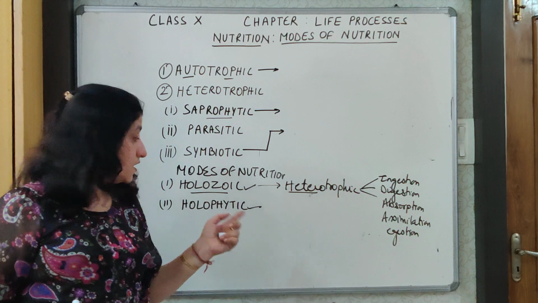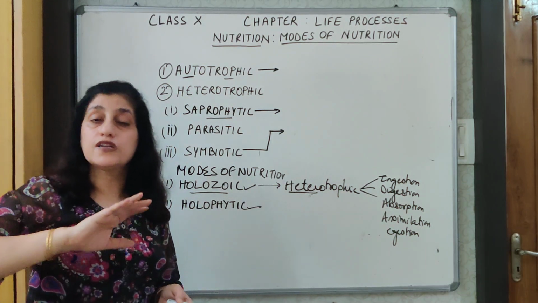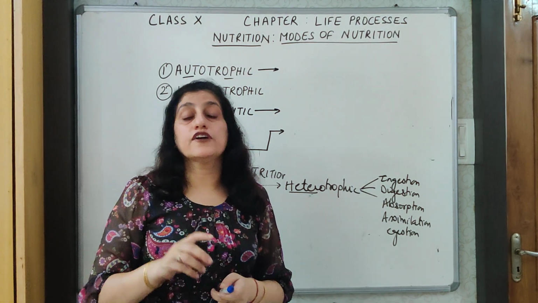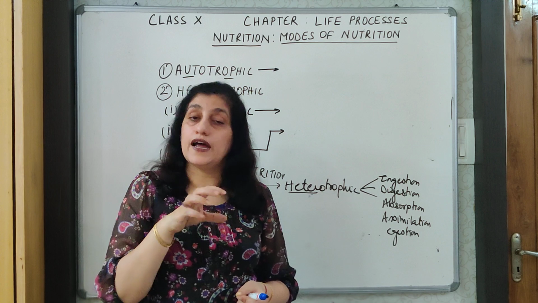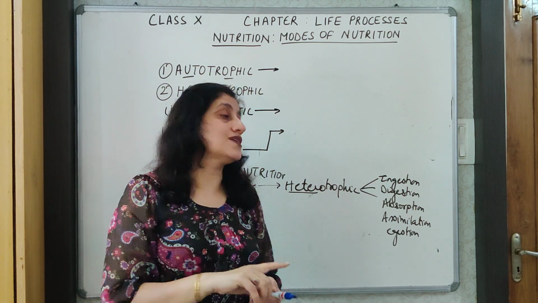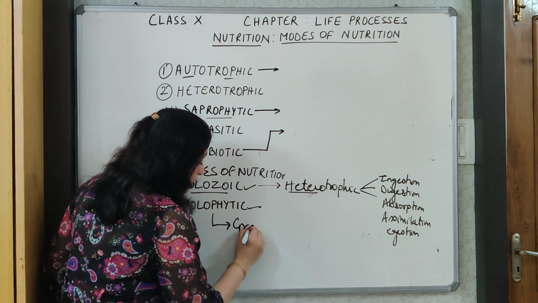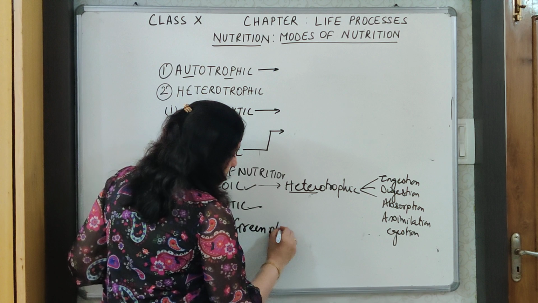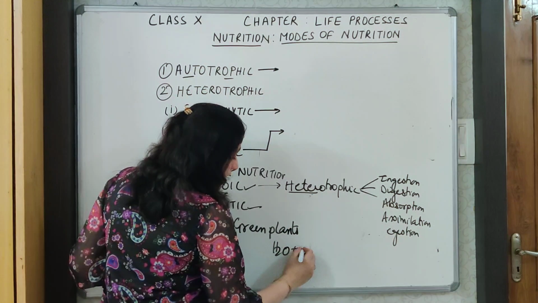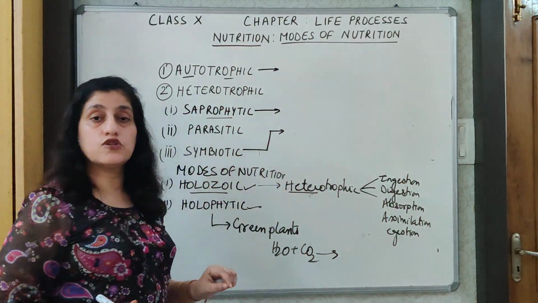in the animals. Now Holophytic mode of nutrition is when an organism does not have any specialized organ for digestion and therefore it takes in simple food and prepares food for itself, that is photosynthesis. So holophytic mode of nutrition is found in green plants, and here they take simple liquid food like water and simple gases like carbon dioxide to manufacture their own food.